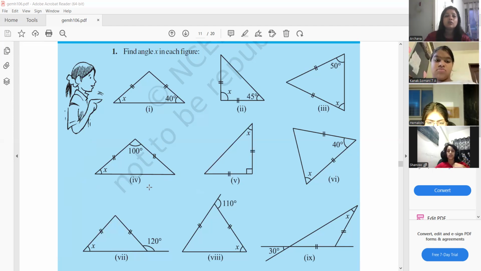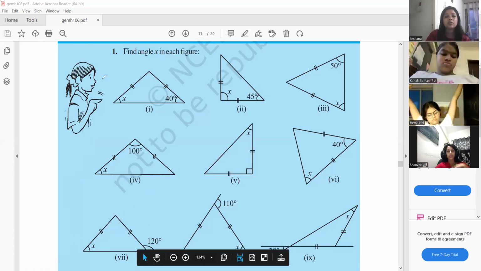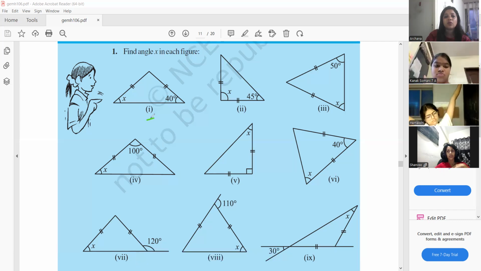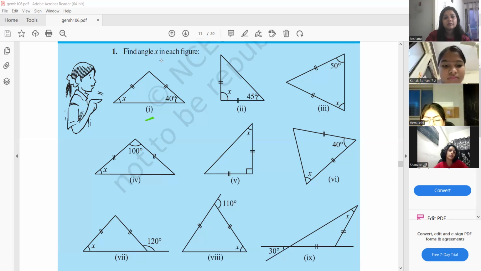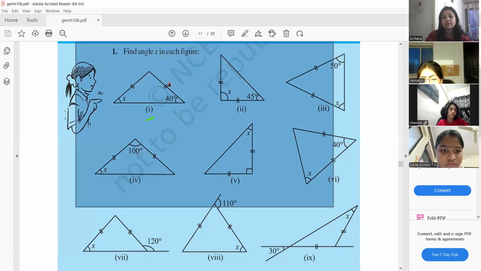Now look here. Find angle x in each figure. Let us do it turn-wise. First question, this small one will be solved by Kanak. Kanak, now tell me which two sides are equal here? This side is equal to this side, am I correct?